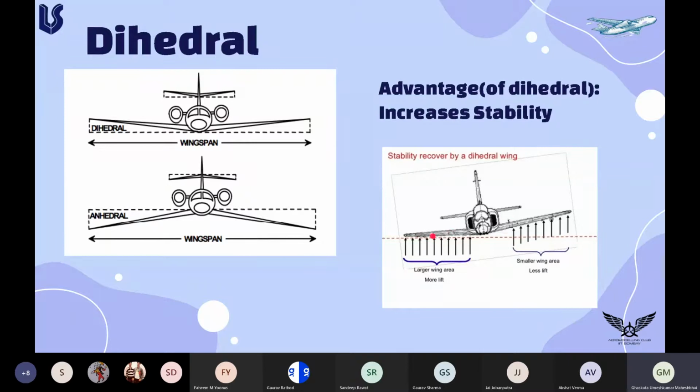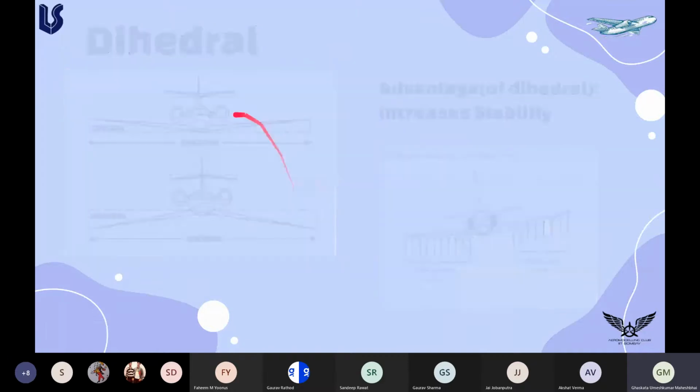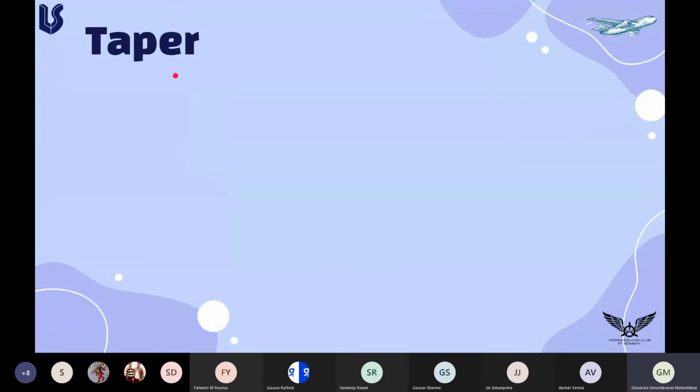So the airplane has a tendency to roll negative. This is the benefit of a dihedral angle, which is why we create a dihedral angle in some aircraft for increased stability.